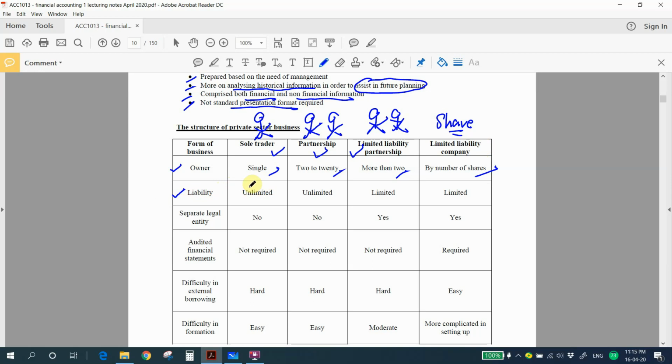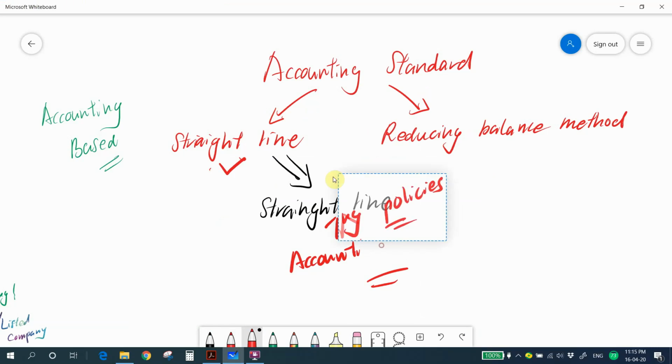If there is liability of the company, who needs to bear the responsibility? For sole trader, the liability is unlimited. It means that if your business is making a lot of losses, you want to close the business, but the owner is still required to make the payment. We can put in an illustration.